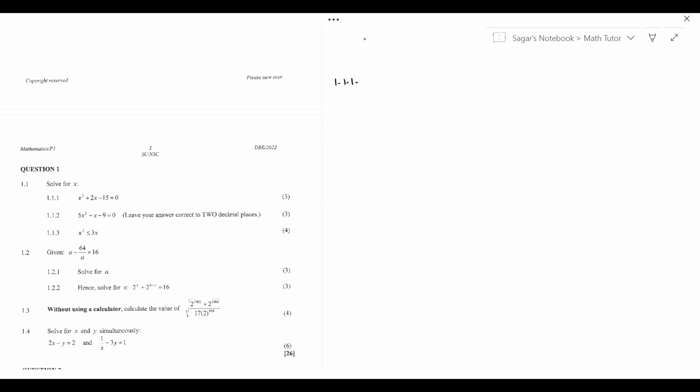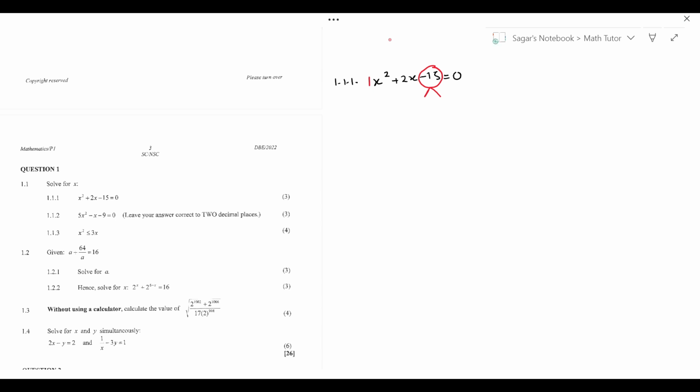So 1.1.1, x squared plus 2x minus 15 equals 0. I approach these questions by looking at the last term, or sometimes the first term. In this case, the last.